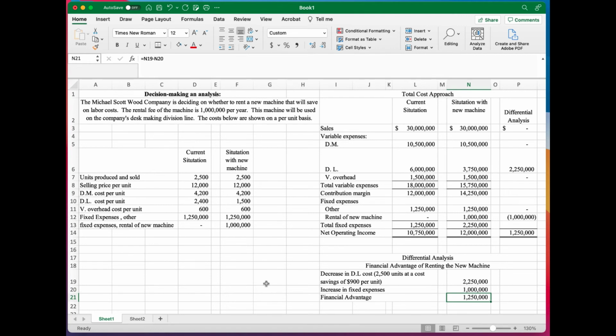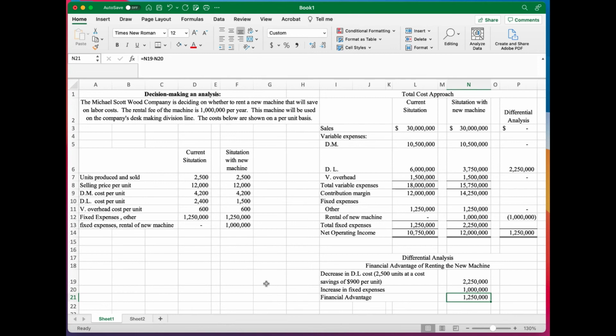The total cost approach requires us to create 2 contribution format income statements. Rarely will management be able to obtain such detailed information under each situation to utilize the total cost approach.